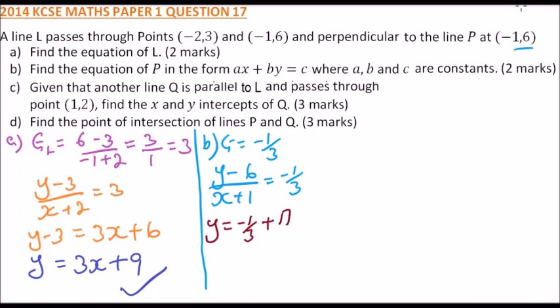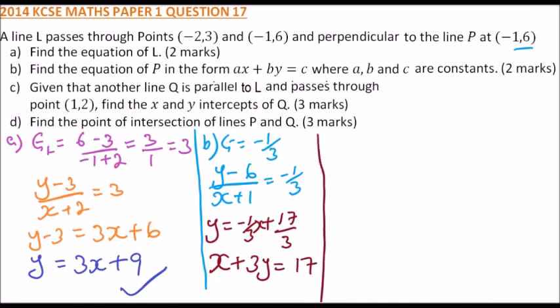Then you can multiply by 3, so you get 3y. Here you have x, then we can have x on the other side. So our equation will be x plus 3y is equal to 17. So that's how you do that. So that is part B. We go to part C.